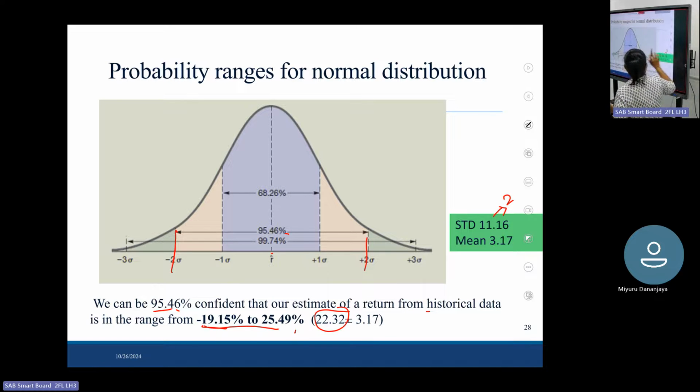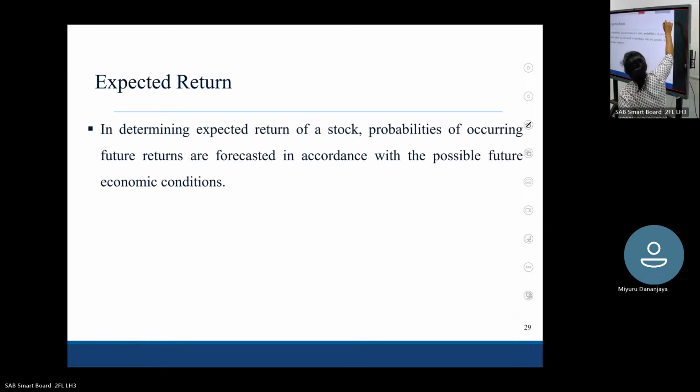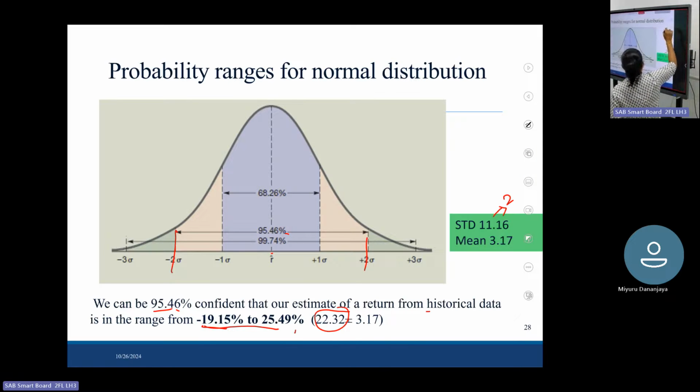If you know the standard deviation and the average, with different confidence levels you can interpret. Further, actually this I have not included. Suppose as an investor, you want to know the probability of getting zero return. In statistics, you can do that.